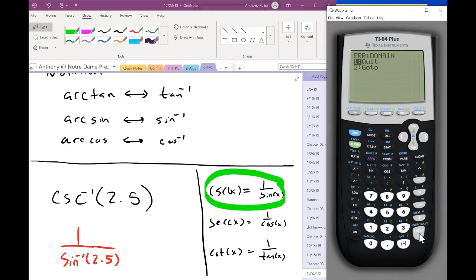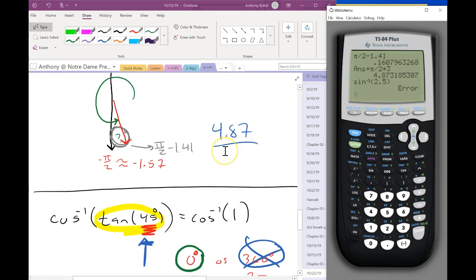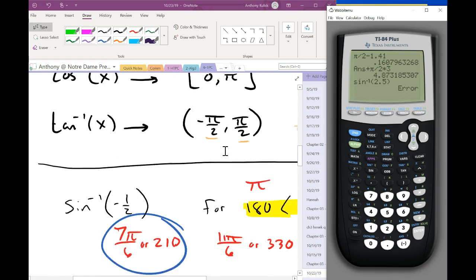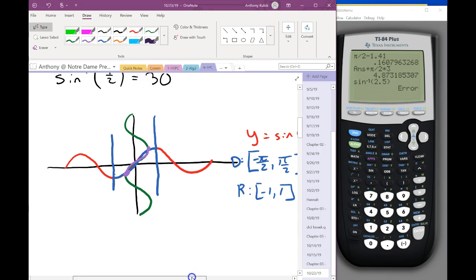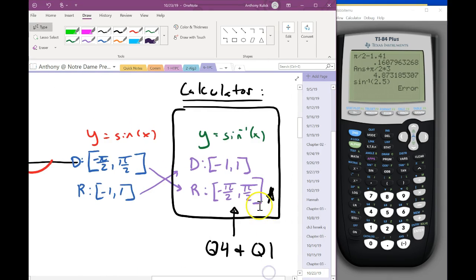We got a domain error. Why is that? Well, let's go back and look. We said the domain for sine inverse on our calculator is -1 to +1. I just typed in 2.5. That's not in the domain for sine inverse. We've done something wrong.